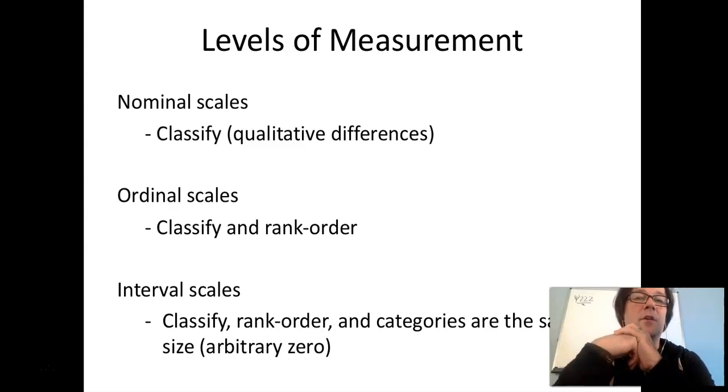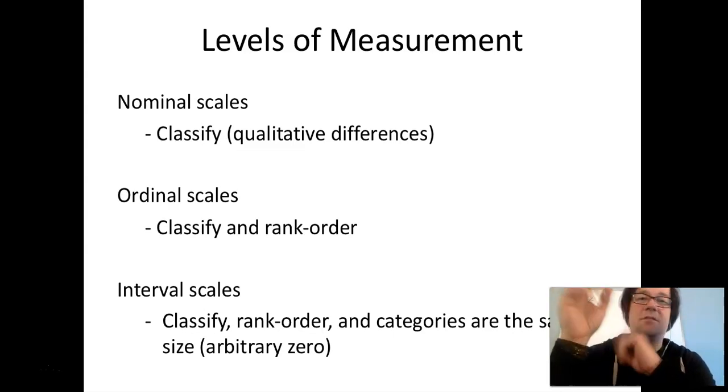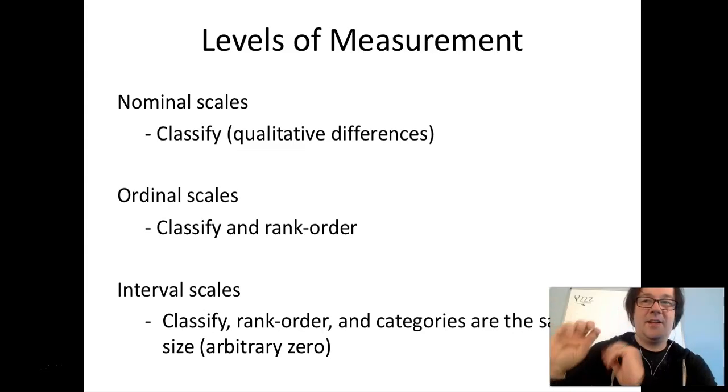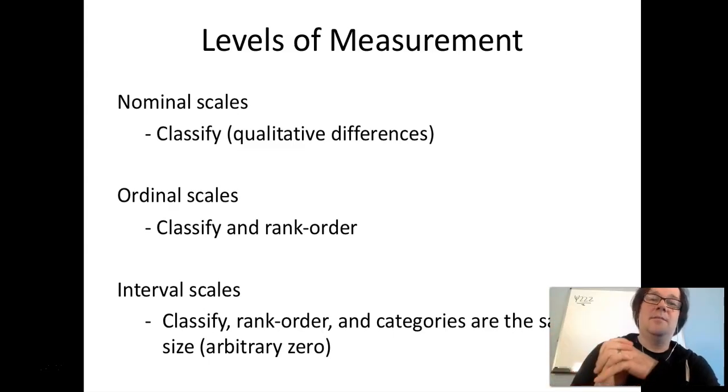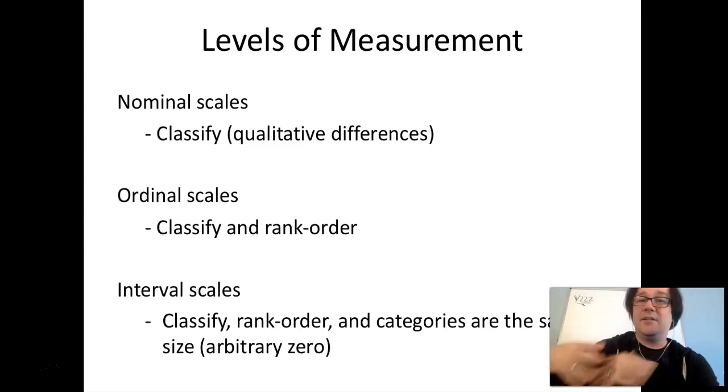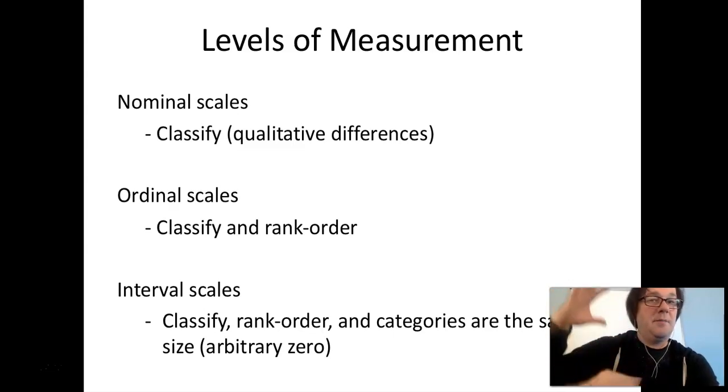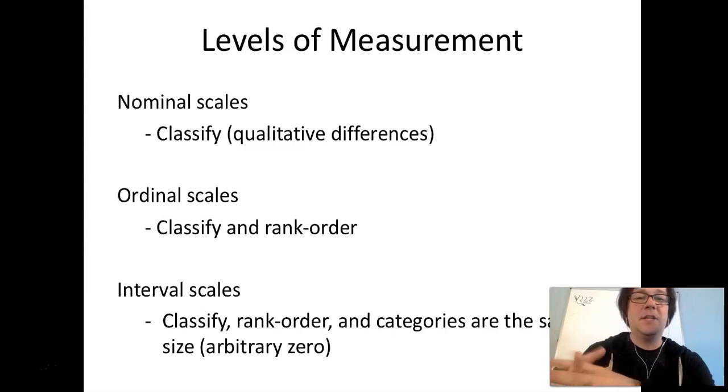So nominal scales are just classifying, categorizing, whatever it is we're trying to measure. Ordinal scales are classifying and describing what it is we're trying to measure, but also putting them in some type of order that gives us a little bit more information.